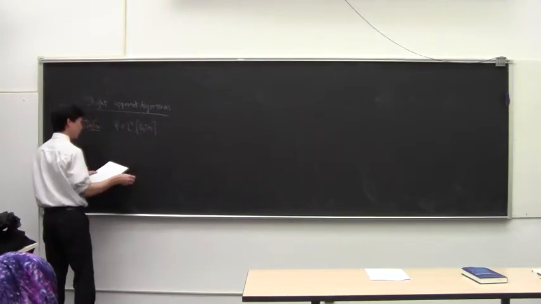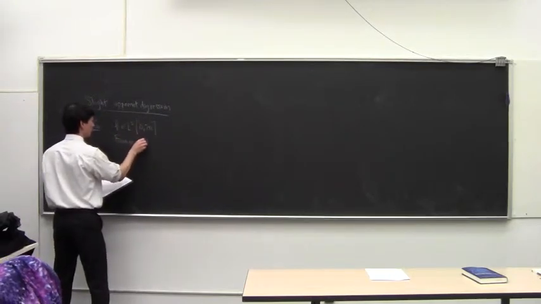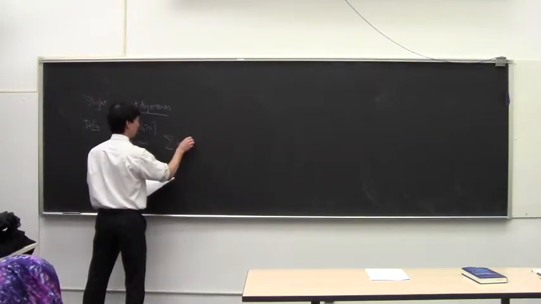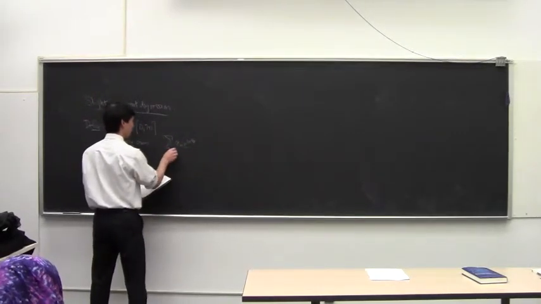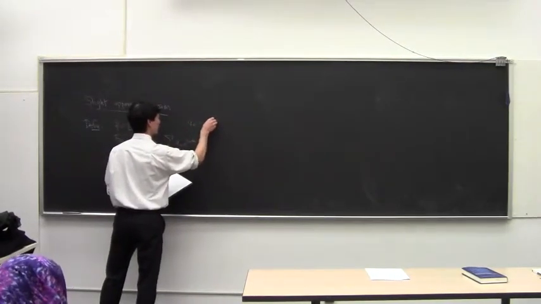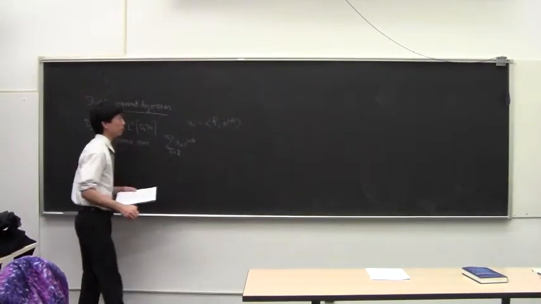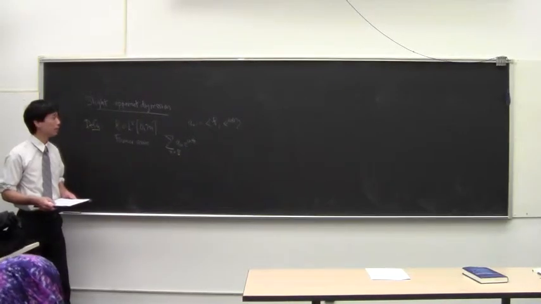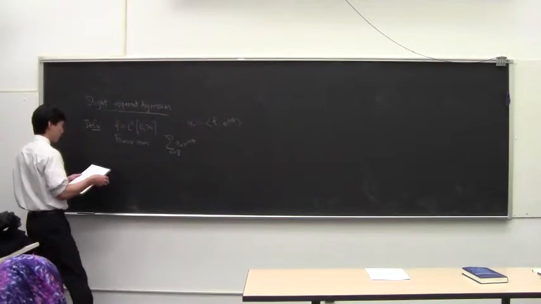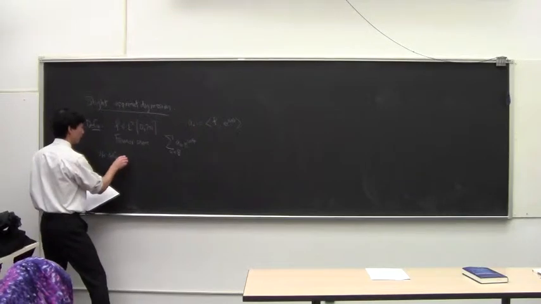We've got some function in L2, and we've got the Fourier series, the summation of a_n e^{inθ}, where a_n is defined by taking the inner product of the function against e^{inθ} on L2, 0 to pi. Okay, we define the conjugate function.